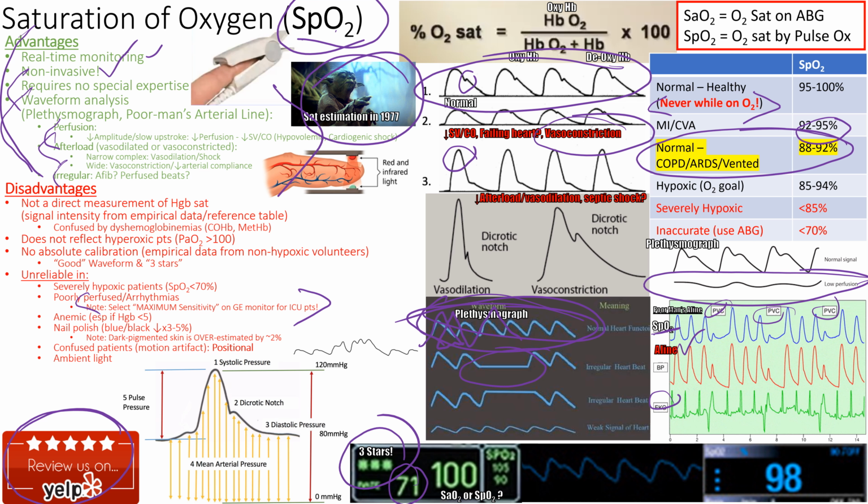So you take away oxygen when the stats start getting too high. It starts causing problems, as we'll mention. But if they have an MI or CVA, we'll accept 92 to 95%. But never more than 95% on oxygen. That's going to cause more problems than good.